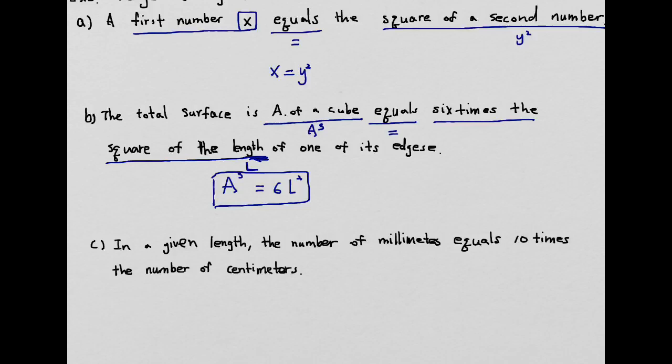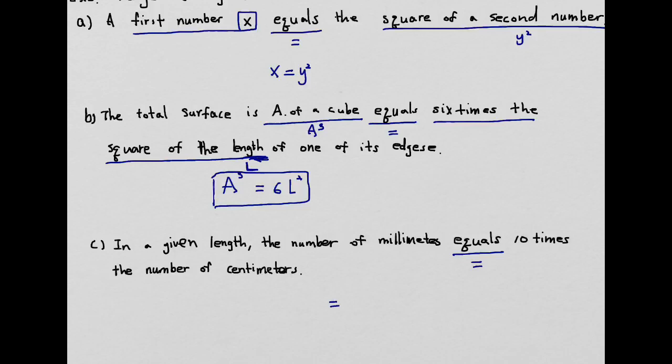The next one, in a given length, the number of millimeters equals, here I see another equal, 10 times the number of centimeters. So what's on the left side of the equal sign?